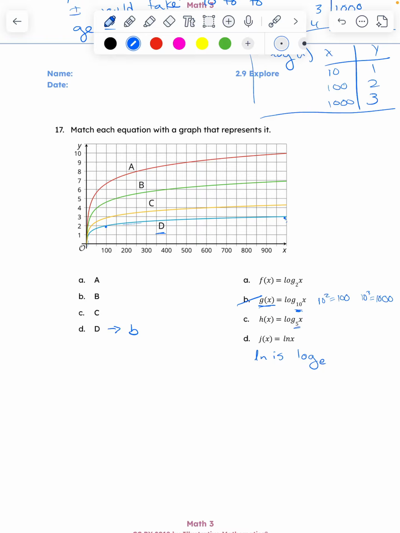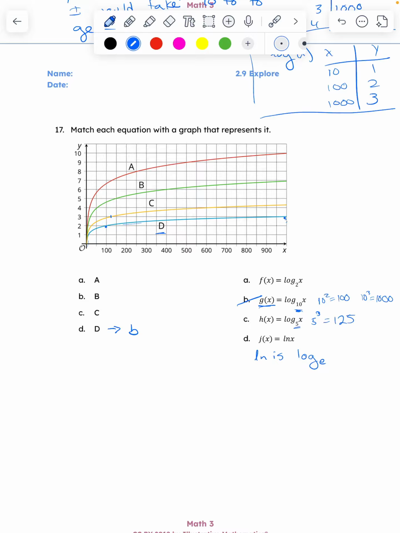We're going to see one close to 125. Yeah. So I see a point that would be 5 to the third is 125. And that's true.